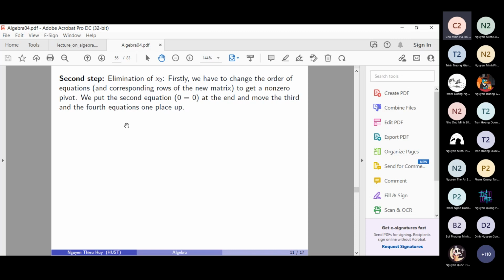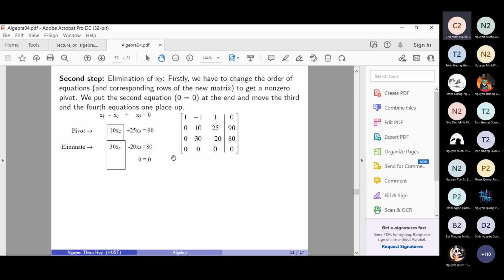It doesn't change the set of solutions. Good. The result is the following: after you put 0 to the bottom and move the other rows one place up, you obtain this new system and new augmented matrix corresponding to that system.